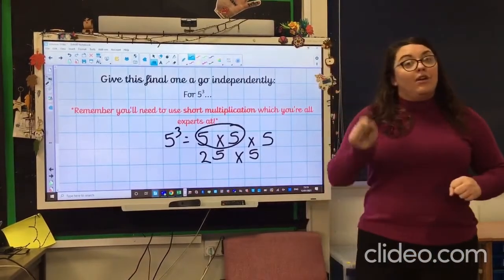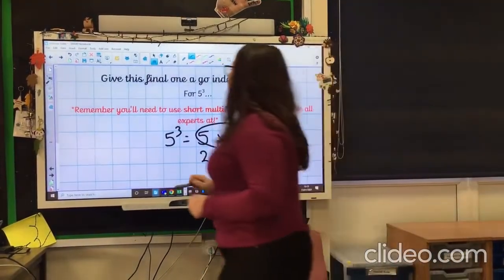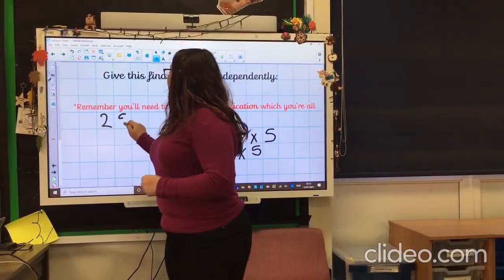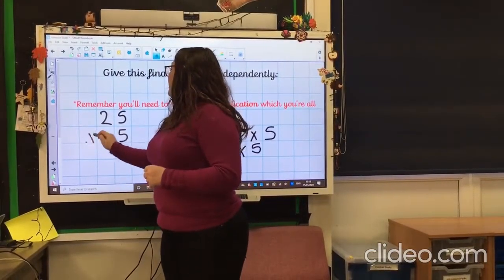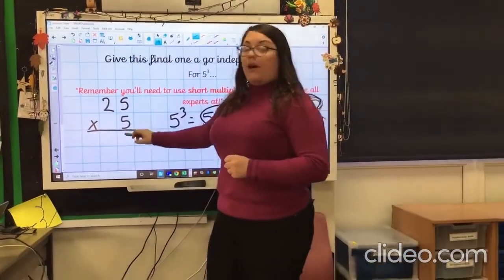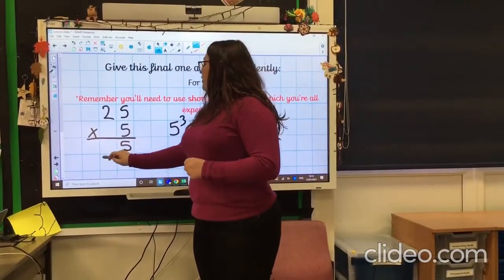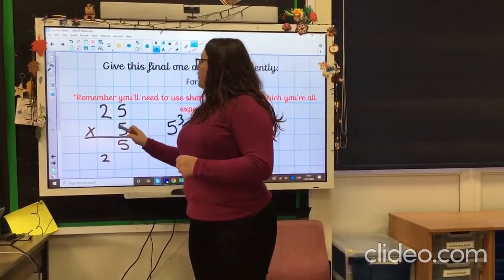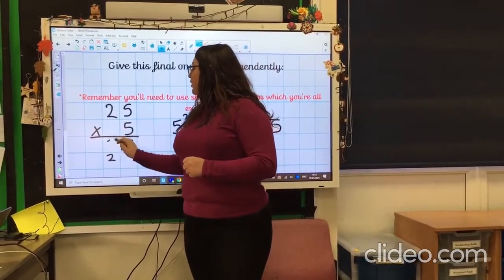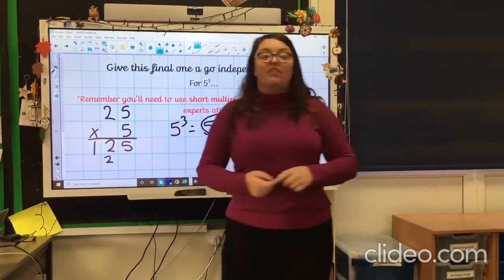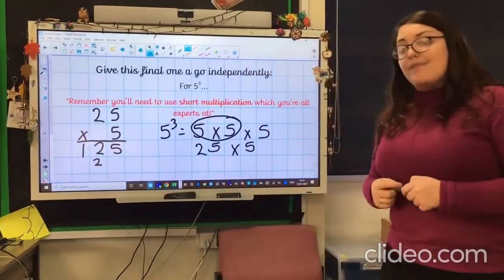So now, short multiplication style. 25 times 5. 5 times 5 is 25. 5, carry over your 2. 5 times 2 is 10, add your 2 is 12. So 5 cubed is 125.